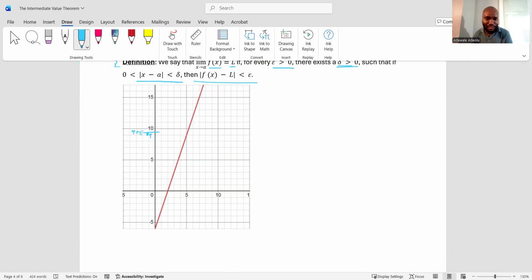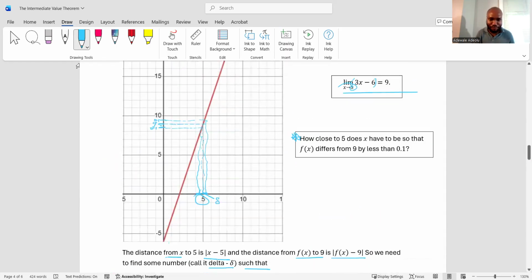And below that, here, that will be 9 minus epsilon, right? And on the other end, if I wished I could do this very neatly, but this writing is not aligned, so let me just use what I have here.